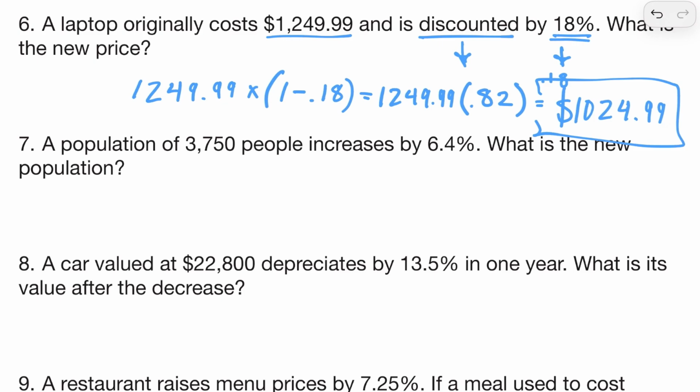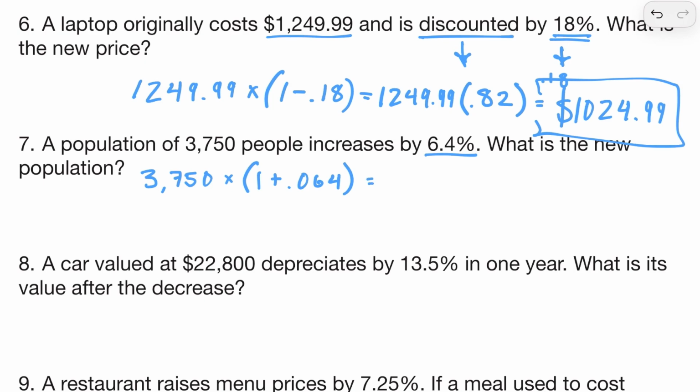So check this out. When we discounted, we subtracted. Now we're going to increase. So your guess might be that we're going to utilize plus now. Okay, so it's going to be 3,750 times 1 plus 0.064. 0.064 is 6.4% written in decimal form.